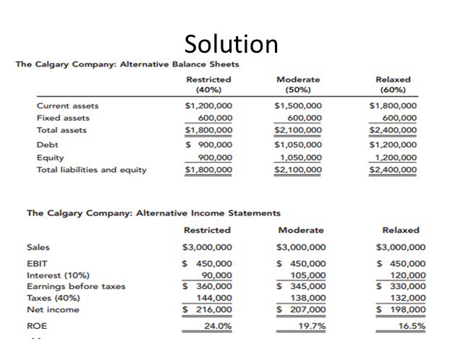In the second policy or strategy, the current assets will be equal to 50% of the sales. The sales are 3 million, so 50% of 3 million equals 1,500,000. In the third strategy, which is the relaxed, 60% will be current assets, which equals 60% times 3 million, equal to 1,800,000.